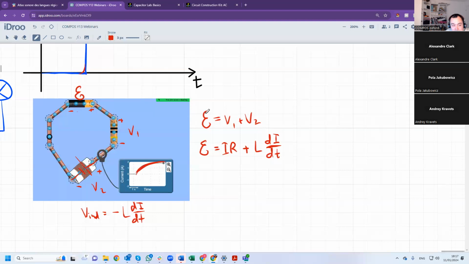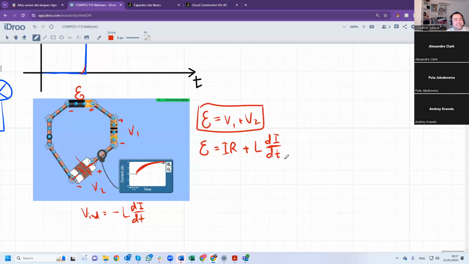And I know that this has to be true, where E is positive, V1 is positive, and V2 is positive. And therefore I've just copied this down. So I'm using the modulus in a way. I hope that makes sense.